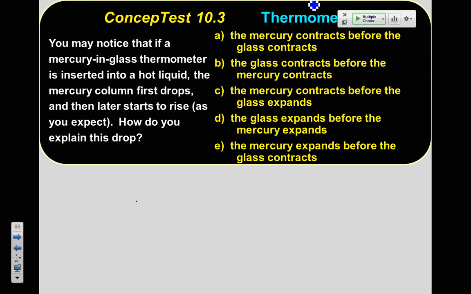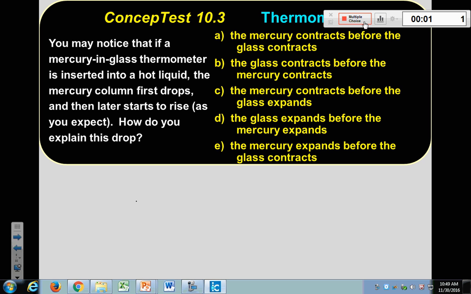You notice that a mercury and glass thermometer is inserted into a hot liquid. The mercury column first drops, and then later starts to rise. You would expect it to rise as the temperature increases. Why do you see that drop? So when you put a thermometer into a hot glass of water or whatever, initially the mercury level drops, and then it increases.